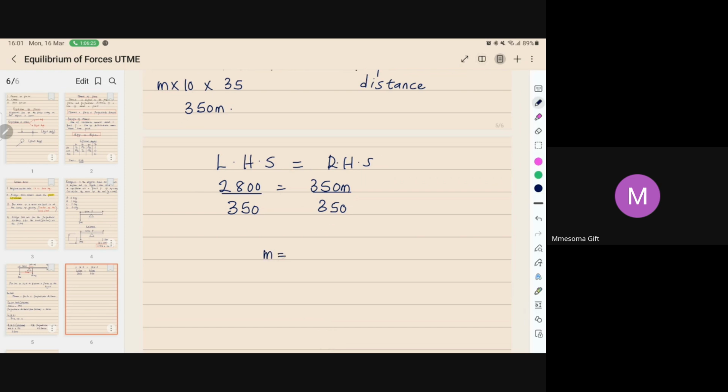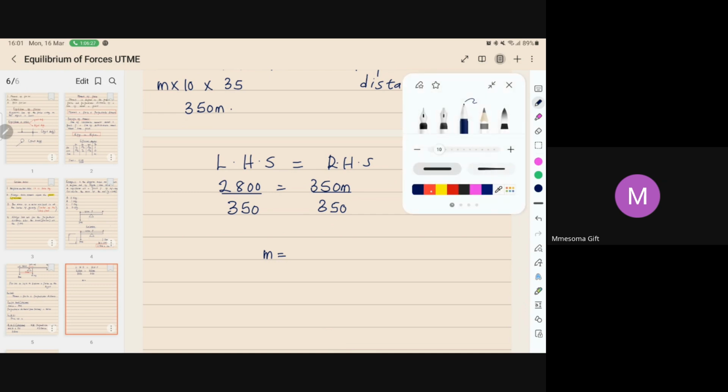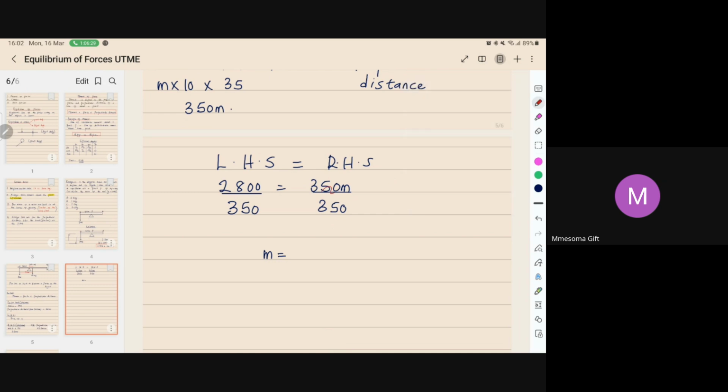M is equal to Titi, I will call you because you're the only person giving me the values. Other ones are just there observing and looking. So what will it be? 280 divided by 35. What do you have right there?